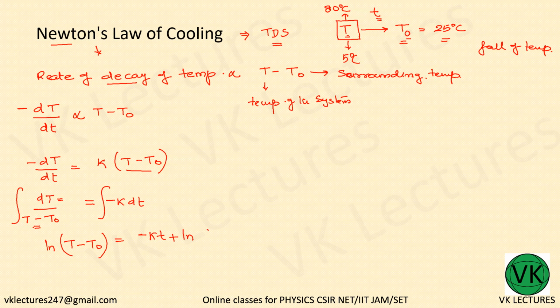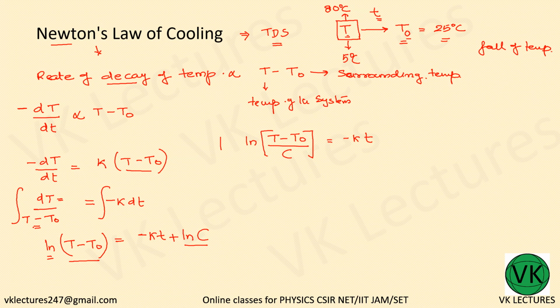So you can directly write log of T minus T naught equal to minus kt plus log c. Now why log c? Because our dependent function is a function of log, that is why the constant should be of log. Now you can write log of (T minus T naught) divided by c equal to minus kt.